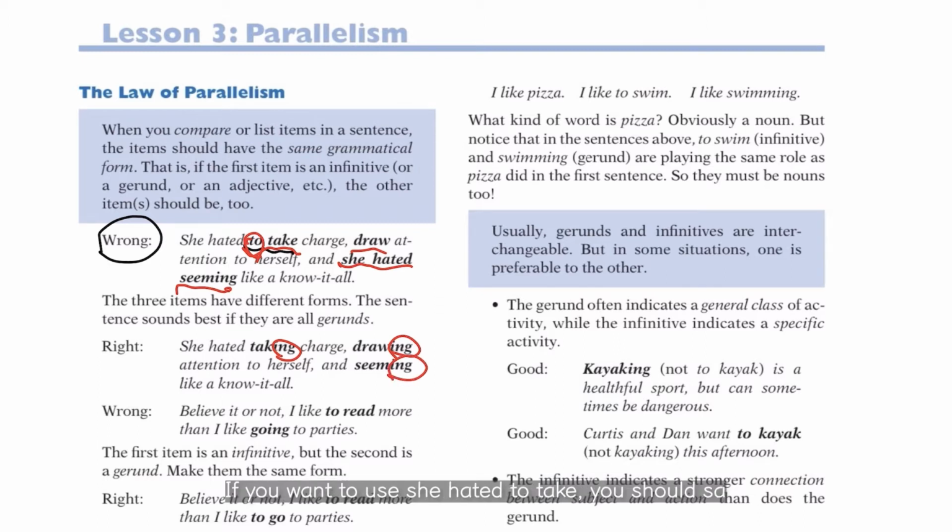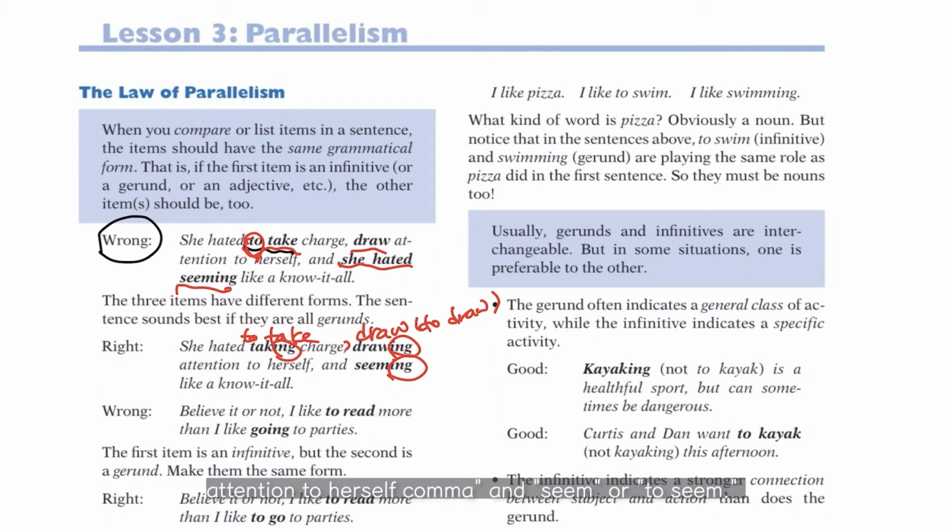If you want to use "she hated to take," you should say "she hated to take charge, draw attention to herself, and seem," or "to draw" and "to seem." Either way is fine.